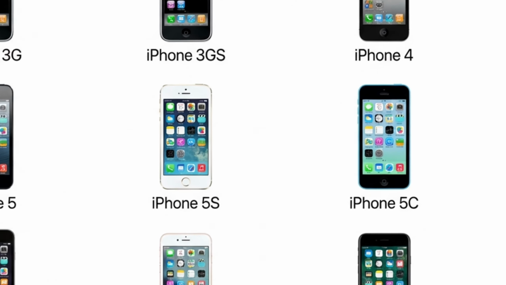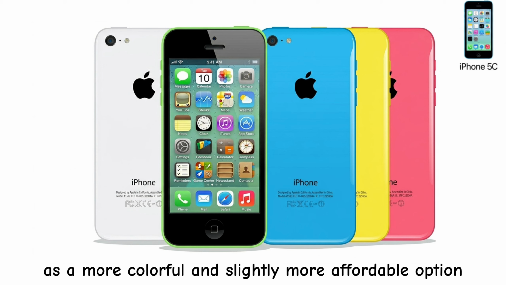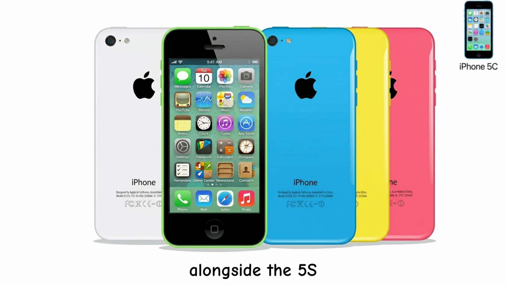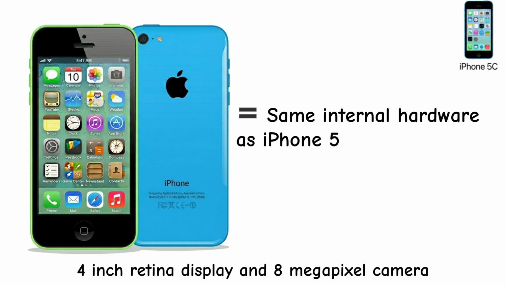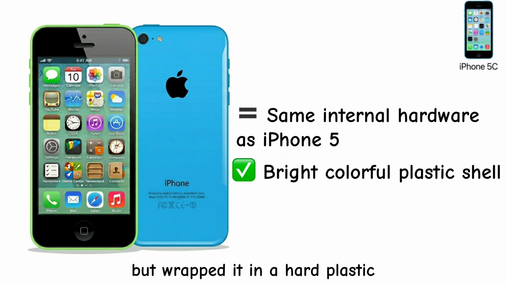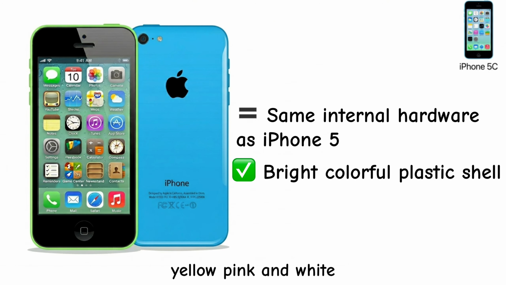The iPhone 5C. That same year in 2013, Apple launched the iPhone 5C as a more colorful and slightly more affordable option alongside the 5S. It used the same internal hardware as the iPhone 5, including the A6 chip, 4-inch Retina display, and 8-megapixel camera, but wrapped it in a hard plastic polycarbonate shell available in bright colors like blue, green, yellow, pink, and white.